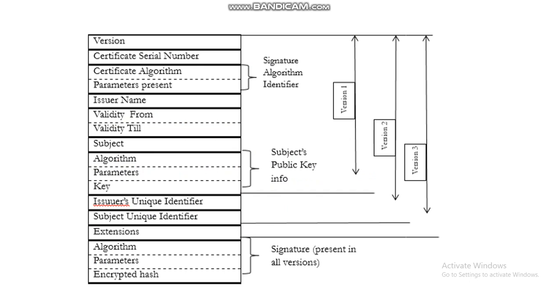It includes the version, the first heading you can see there. Next is the certificate serial number. For example, it may be 3174 like that. And it includes the certificate algorithm, and also the issuer name. The issuer name again contains information about the country, state, location, and company name, etc. Next is the validity.